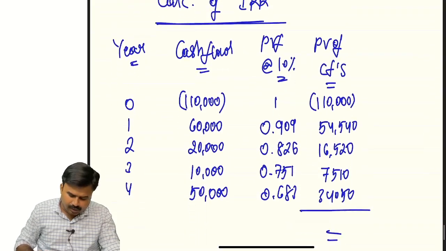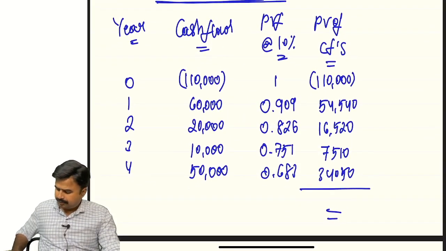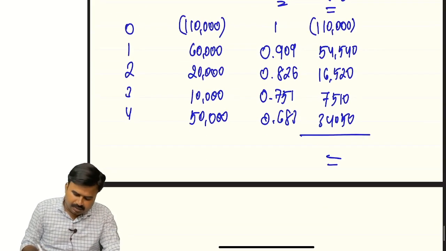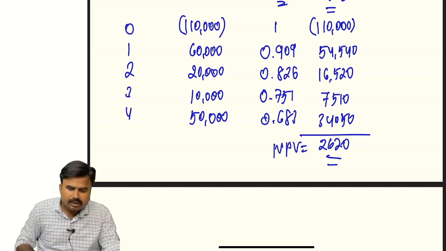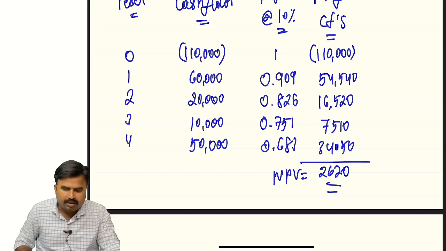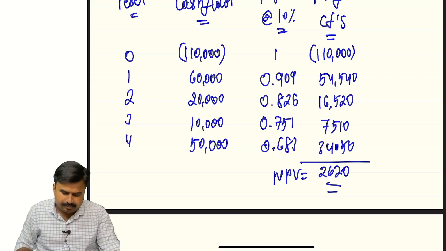Was it 1,10,000? Okay, sorry. Minus 1,10,000, it is 2,620. This is my positive NPV. 54,540, 16,520, 7,510, 34,050.